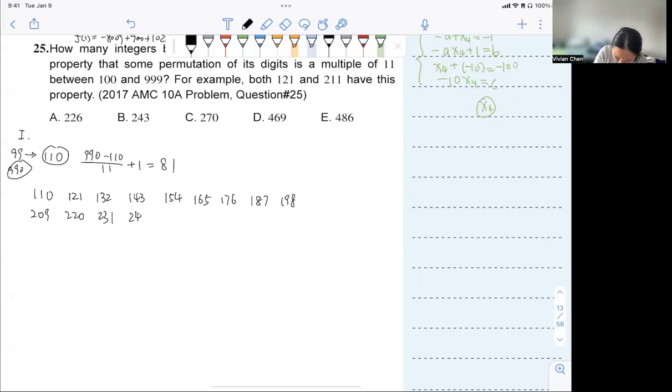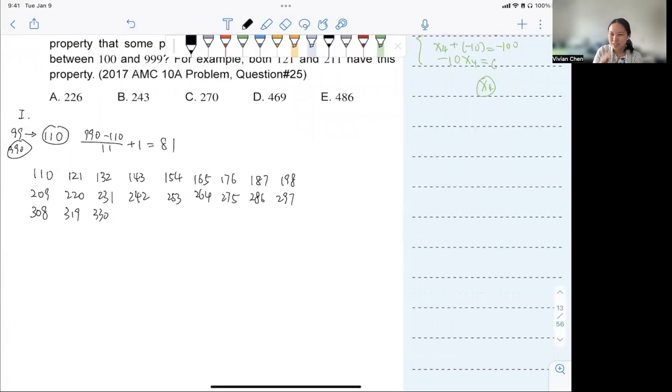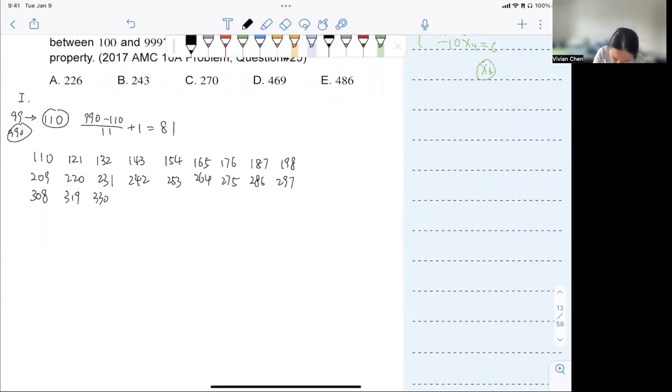So you have 242, 253, 264, 275, 286, 297. Okay, now you have 308. Then you have 319, 330. You don't really need to list out all of them, but you have an idea of what number is there. Somewhere here, you will have the number 407. You do realize this pattern, so you will have numbers 506, 605, 704, 803, 902.